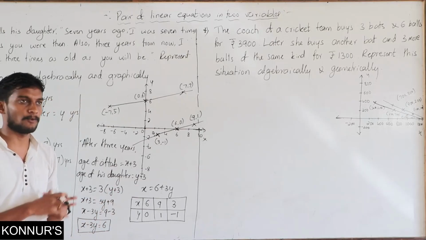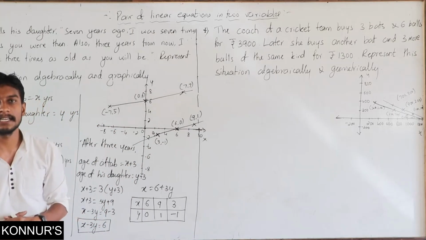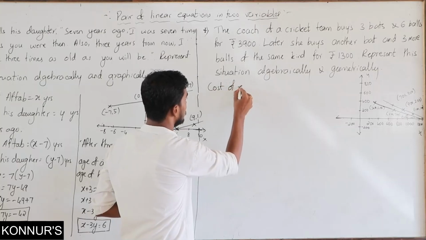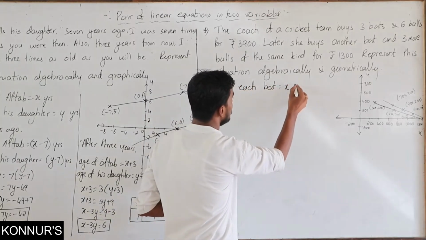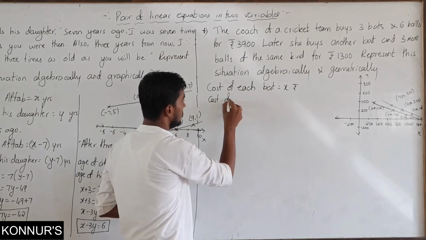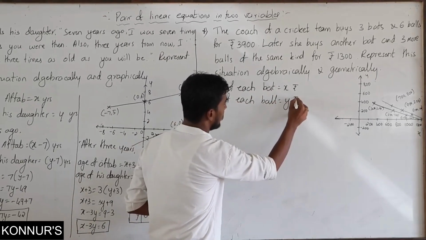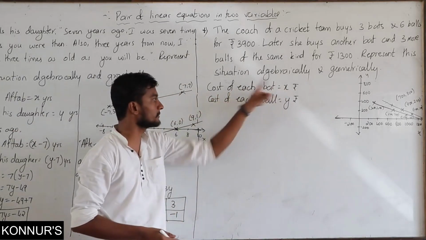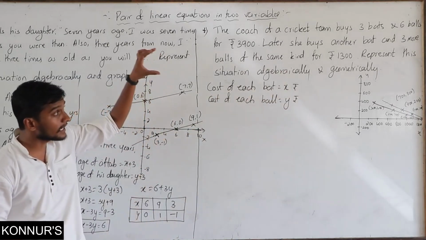If you don't know them, one amount you take as x, and another amount you take as y. So I will take the cost of each bat as x rupees, and the cost of each ball as y rupees. Again there are two conditions.